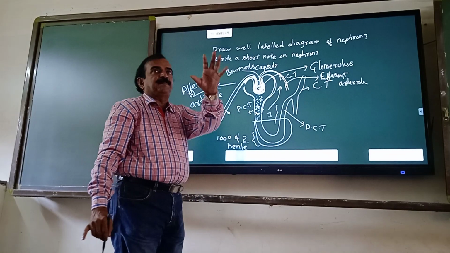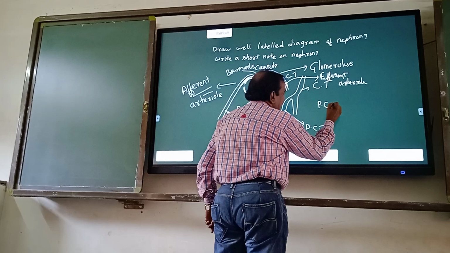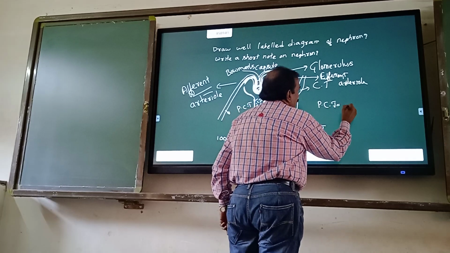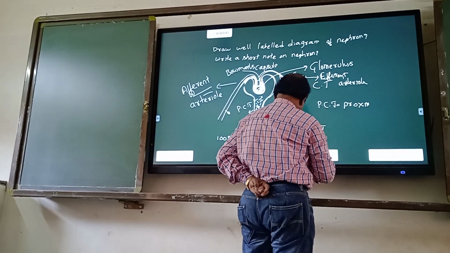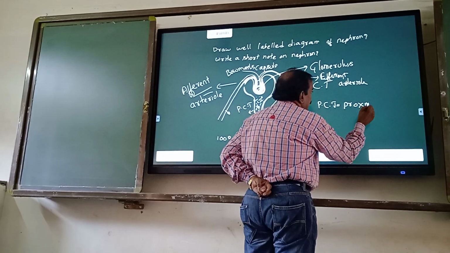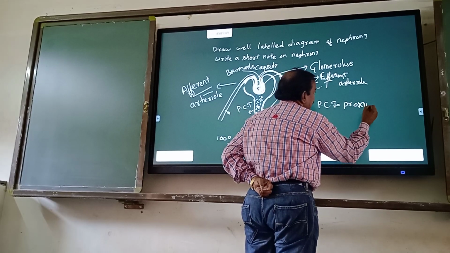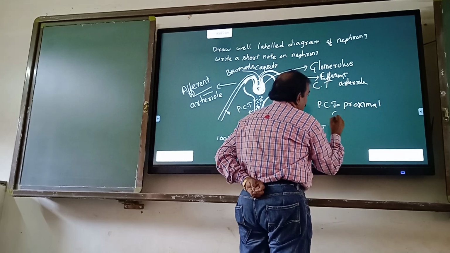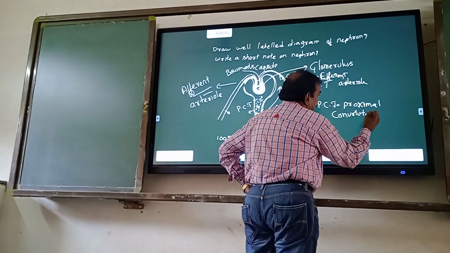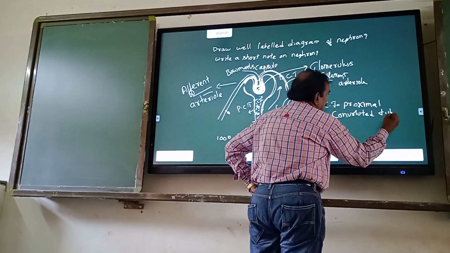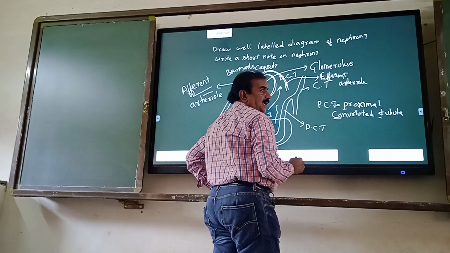Nephron consists of mainly three parts. PCT means proximal convoluted tubule, spelling: proximal, convoluted, tubule.